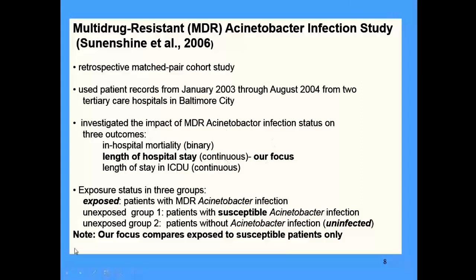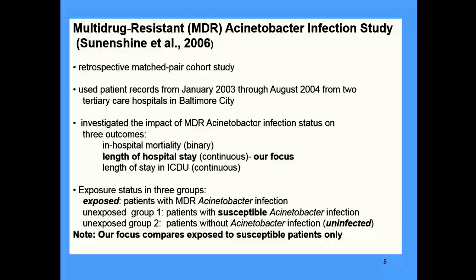The exposure variable had 3 groups. One was patients who were resistant to treatment, patients with MDR Acinetobacter infection. There were 2 other groups, but one of them we're going to ignore. We're really only going to focus on the unexposed group, patients with susceptible Acinetobacter infection.